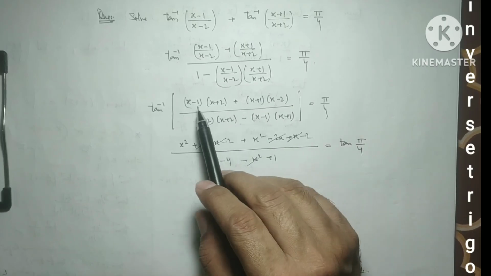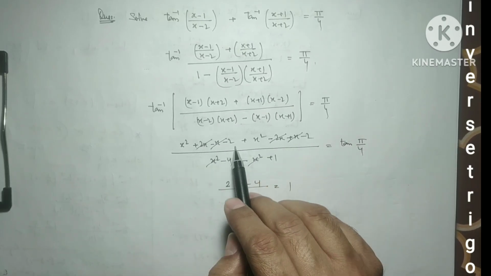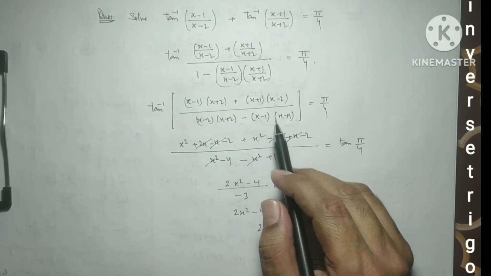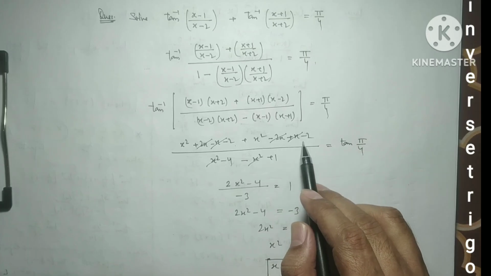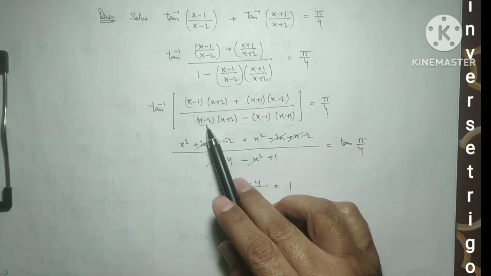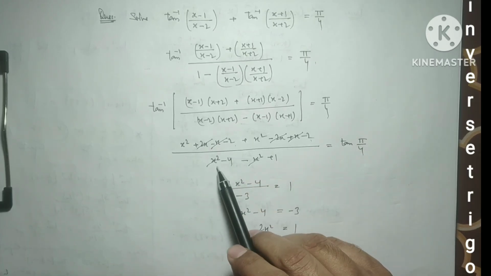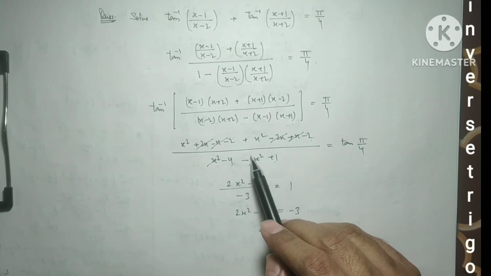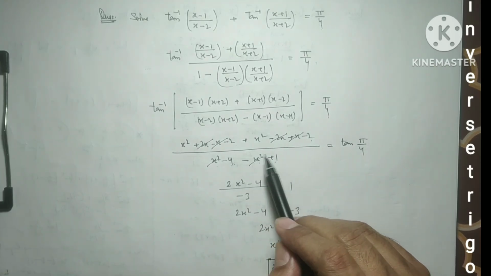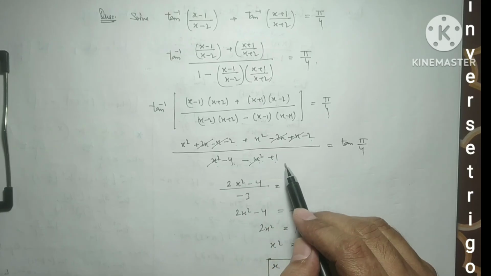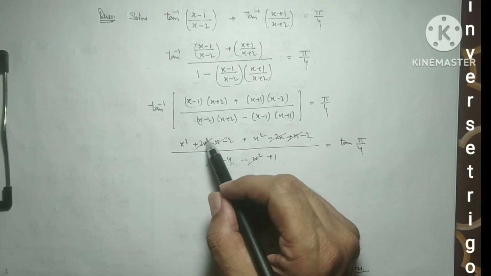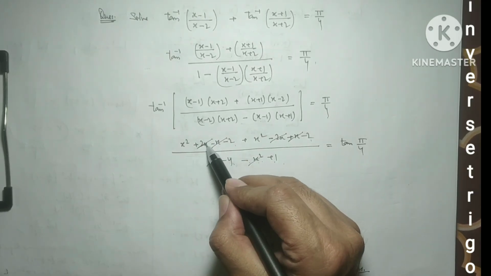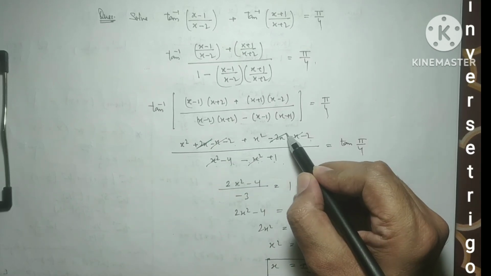So on multiplying this we get this, and this factor is x square minus 2x plus x minus 2, and this is a square minus b square, so we get x square minus 4, and there is x square minus 1. On solving, on opening the bracket, we get minus x square plus 1, and there is 2x and this is minus 2x, so this will be cancelled out.